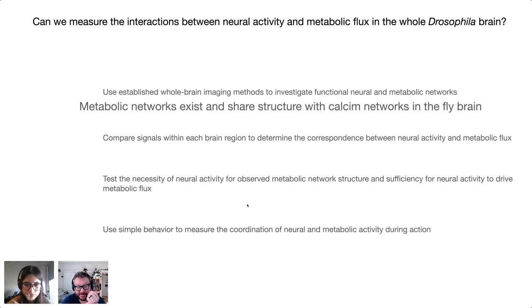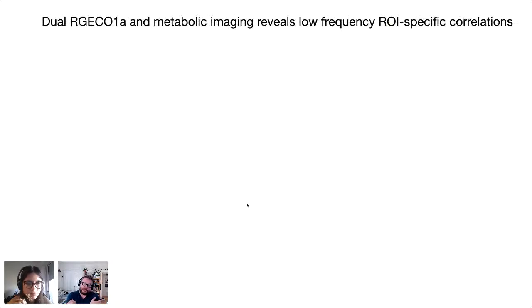So the next step was to compare these signals across the whole brain in each brain region, and basically, like I said here, determine the correspondence between the two. In order to do this, I'm switching to the red-shifted calcium indicator, jRGECO. I'm going to combine that with either the ATP sniffer or Pyronic, and simultaneously image them in the same animal.